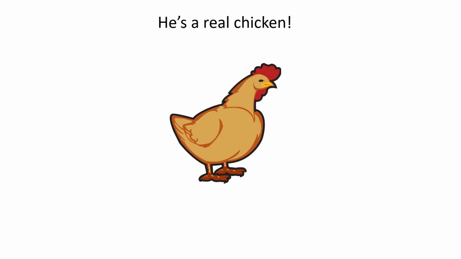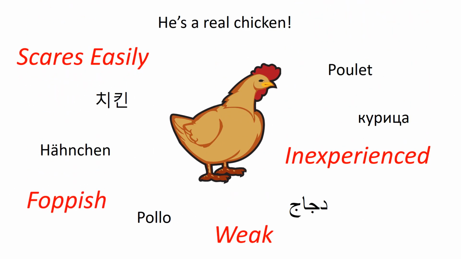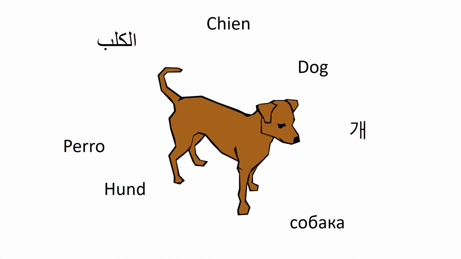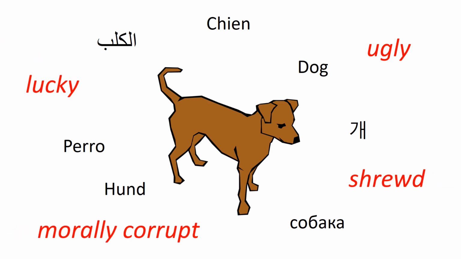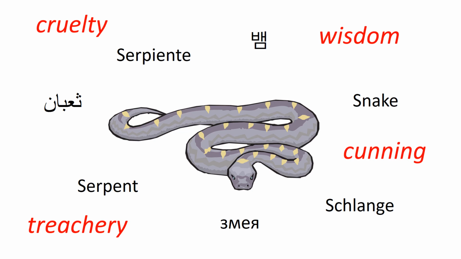Terms that denote chickens may connote cowardice, but in various places imply inexperience, weakness, or foppishness instead. Calling someone the equivalent of a dog may label them as ugly, but in various cultures may indicate that they are lucky, shrewd, or morally corrupt.